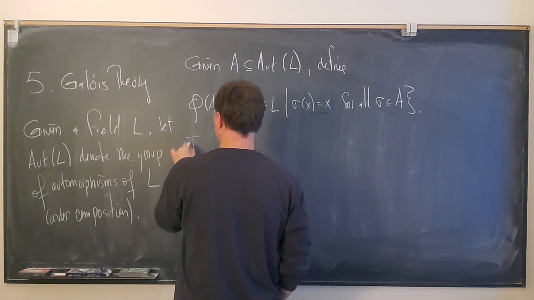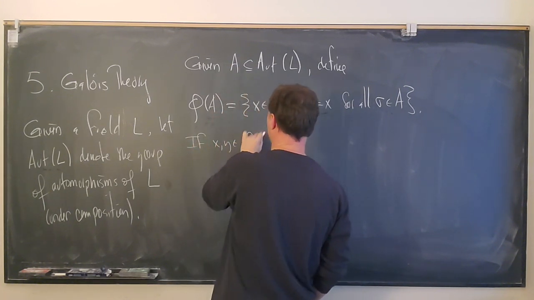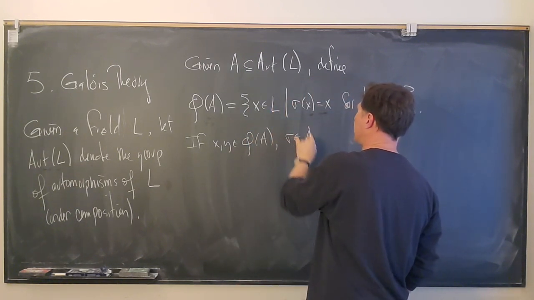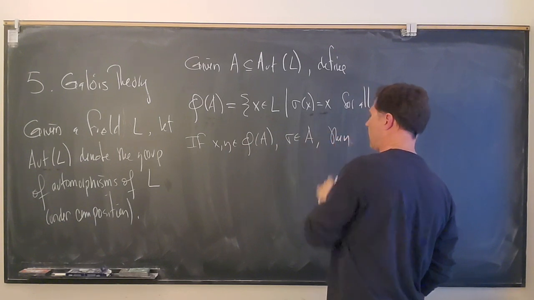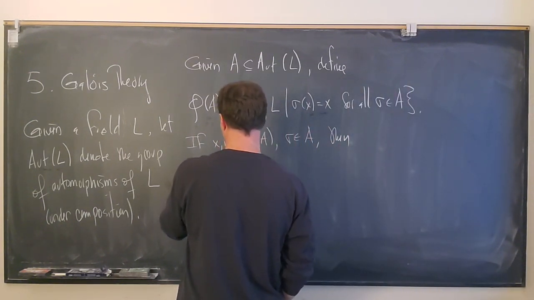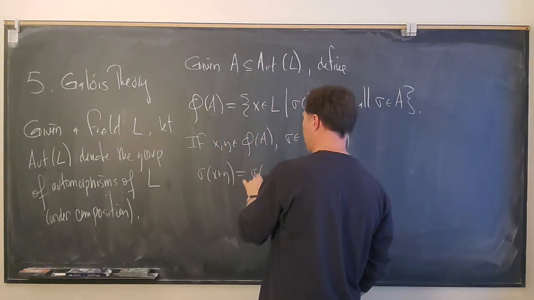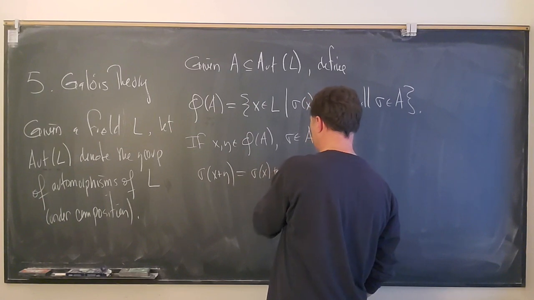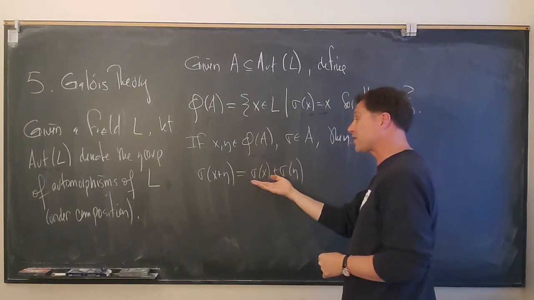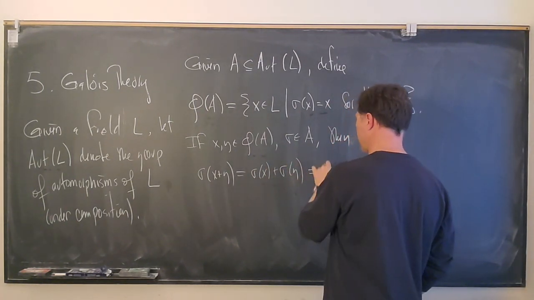Now if x and y are in phi of A, and sigma is in A, then let's see, sigma of x plus y, well, sigma is a homomorphism, so this is sigma of x plus sigma of y. Both x and y are in phi of A, so sigma of x is equal to x, sigma of y is equal to y, and so this is x plus y.